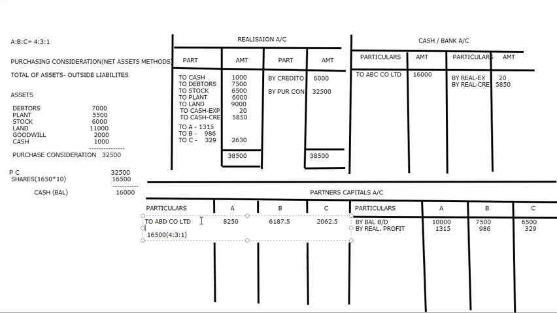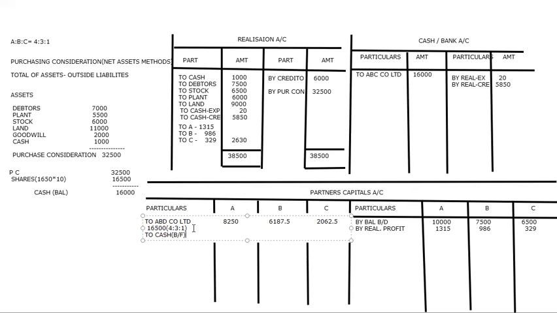Now next, I am going for balancing now. So here what I'm going to write, to cash within a bracket balancing figure. So if I calculate now 10,000 plus 1350, it is 11,315 minus 8,250.